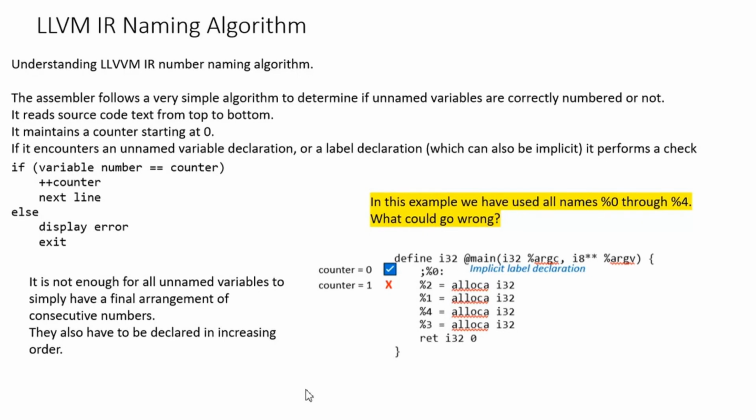So, if I understand your question, Karshad, if we have a sequential list of numbered instructions and we want to delete one instruction in the middle, all the rest of the instructions have to be renamed to comply with the assembler's naming algorithm.